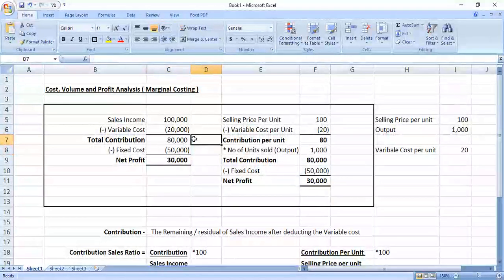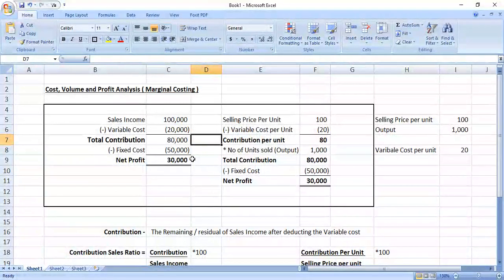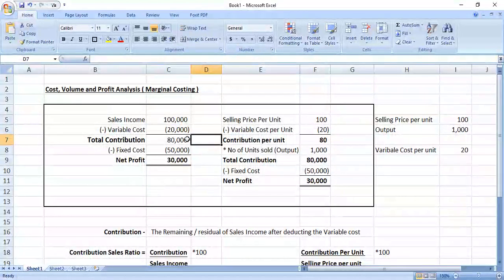So how much should be your total contribution at the break even point, when the net profit is zero? Any guesses? It should be 50,000, guys.